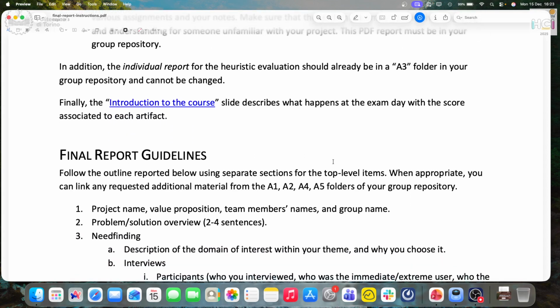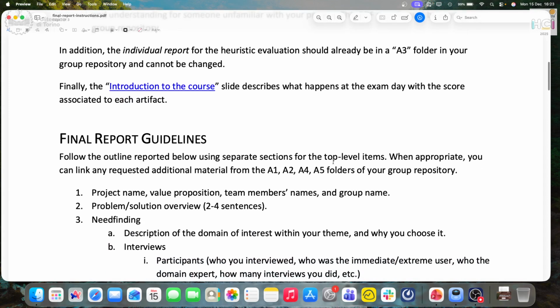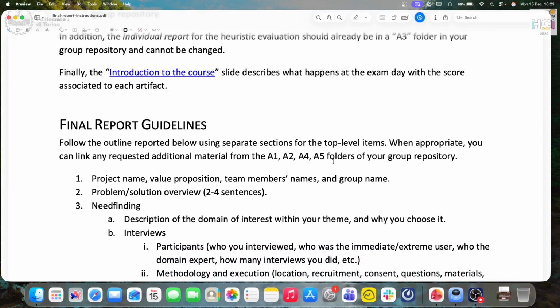Yes. So we have to explain the process in the report. I mean, we have to explain to people that are unfamiliar with our project, but are they familiar? You have to explain what you did. So what I meant by explaining the process is that if you did the usability tests or the interviews, you have to explain that you did the interviews properly.